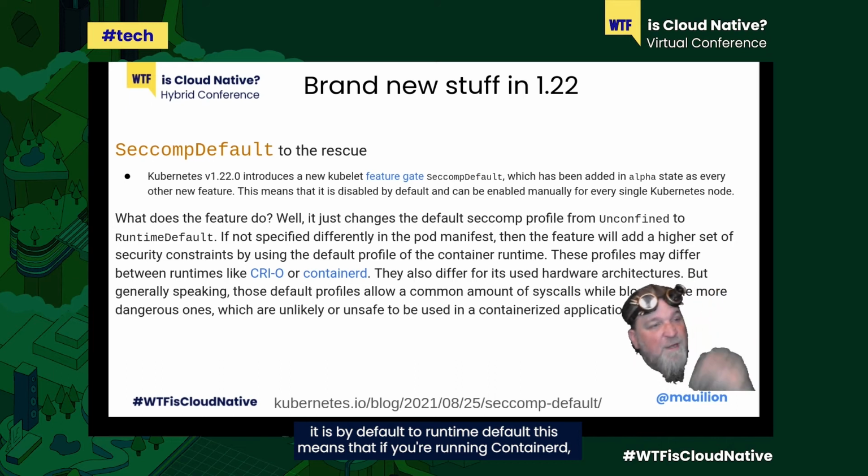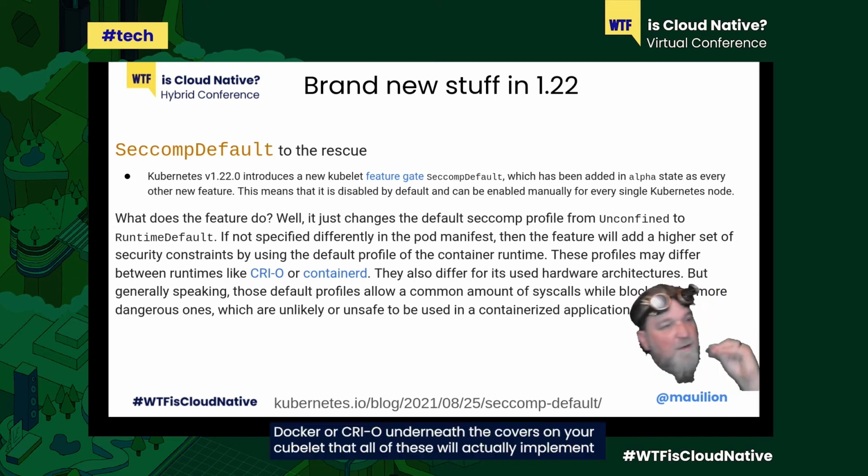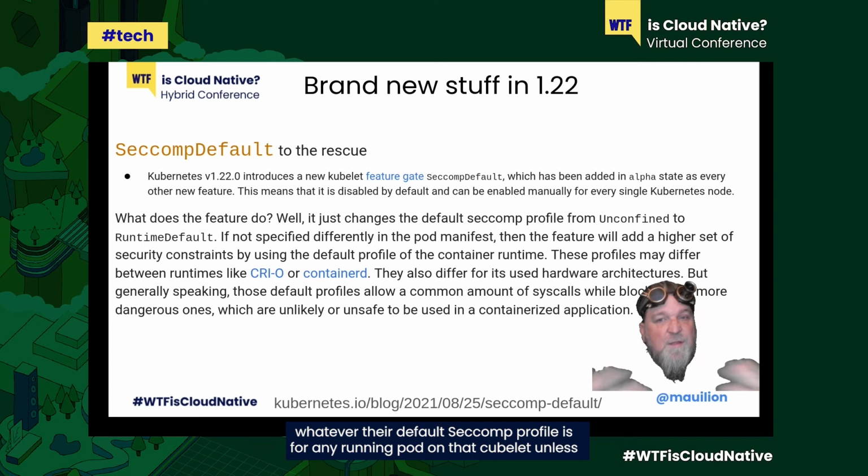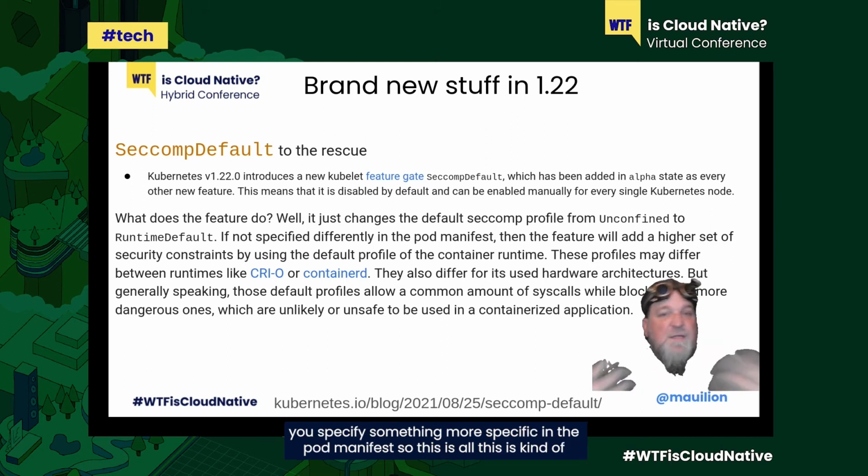This means that if you're running containerd, Docker, or CRI-O underneath the covers on your kubelet, all of these will implement whatever their default seccomp profile is for any running pod on that kubelet, unless you specify something more specific in the pod manifest.